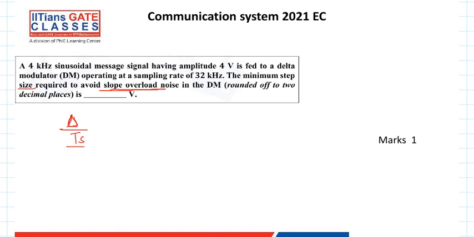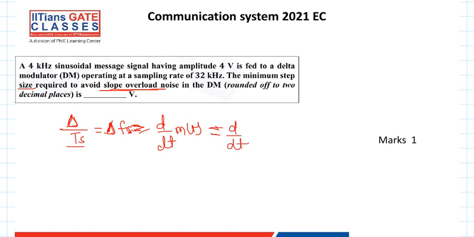Ts is the sampling time, which is the inverse of fs, so delta into fs should be greater than or equal to the rate of change of the message. Okay, so if this is satisfied, slope overload will be avoided. So d by dt of m(t).